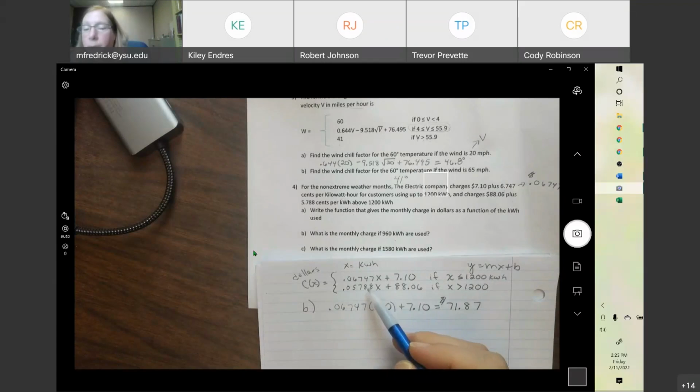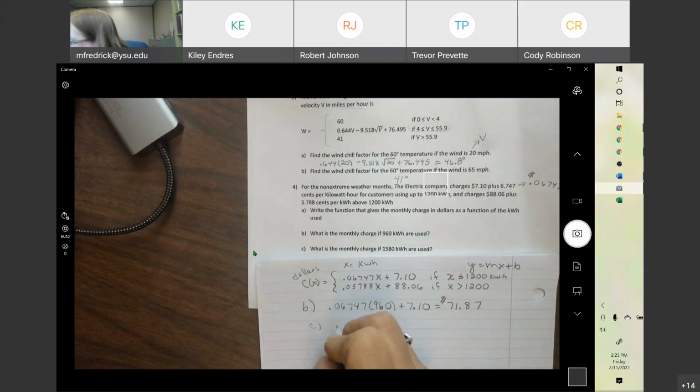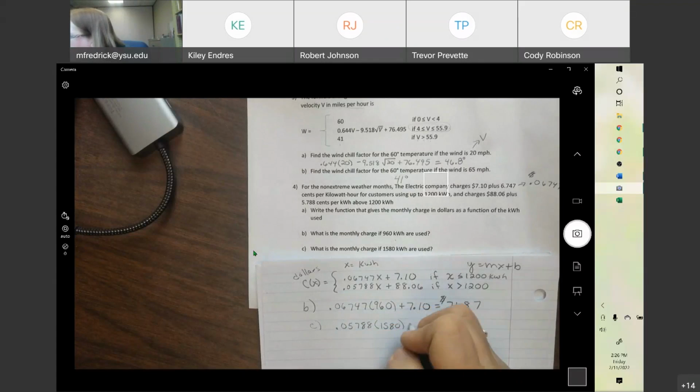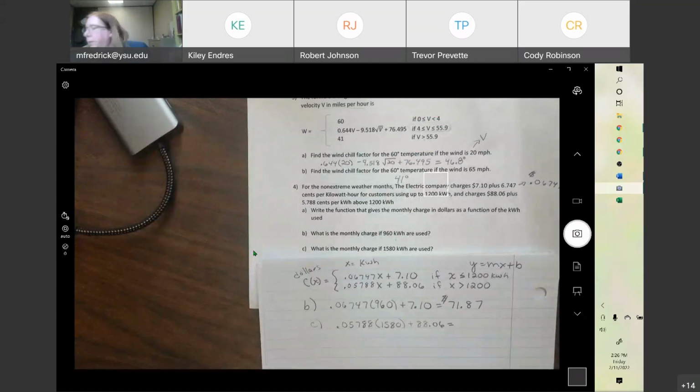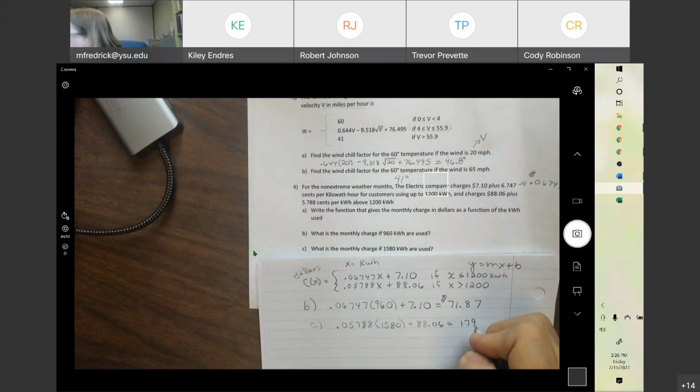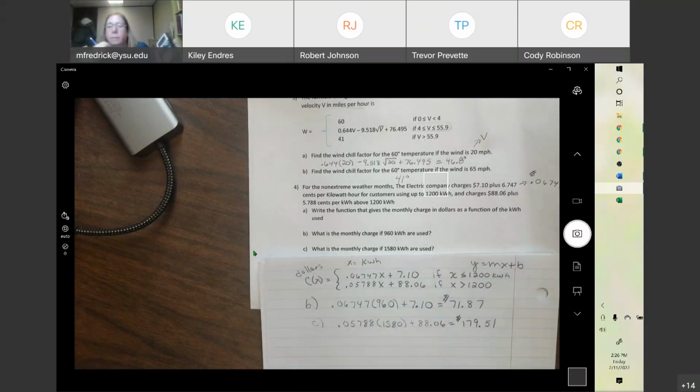So it uses the bottom row. Plugging it in, are you getting $179.51? Any questions on those?